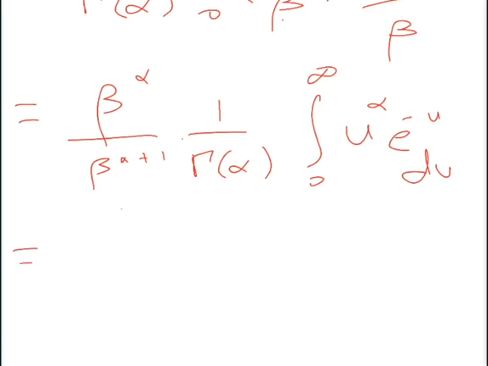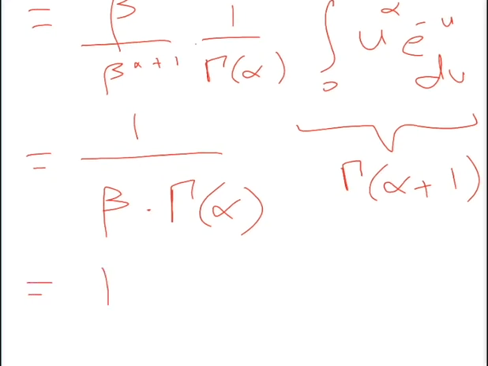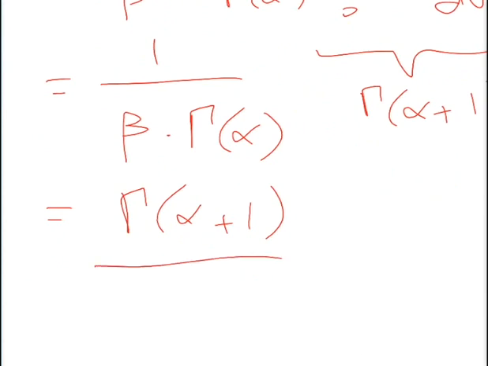Okay, so this becomes 1 over beta times gamma of alpha, and this integral is what? This is gamma of alpha plus 1. So then we have gamma of alpha plus 1 over beta times gamma of alpha.